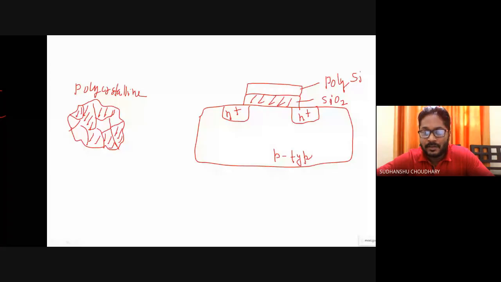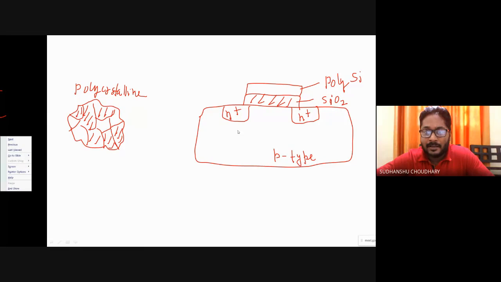That is, you need to incorporate majority carriers as holes in a p-type or majority carriers as electrons in an n-type semiconductor. So the question is whether this polysilicon is doped or not, because this is also a semiconductor. The answer is yes, obviously it should be doped, otherwise the conductivity would be very low or maybe zero.